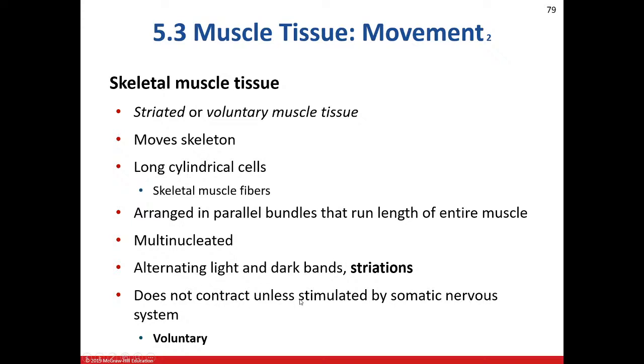And it does not contract unless it's stimulated by the somatic nervous system. In other words, it does not contract unless you choose to contract it. Now, there are parts of the nervous system that are involved in, say, reflexes. That's technically the somatic nervous system, but you're not consciously choosing to move muscle in the event of a reflex.